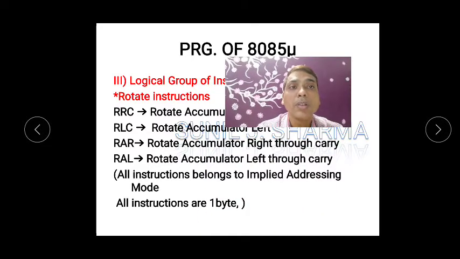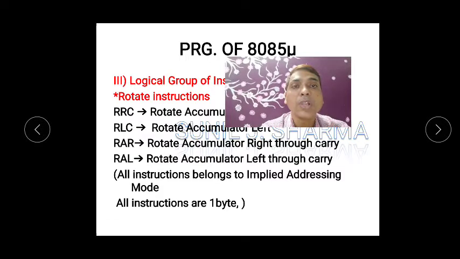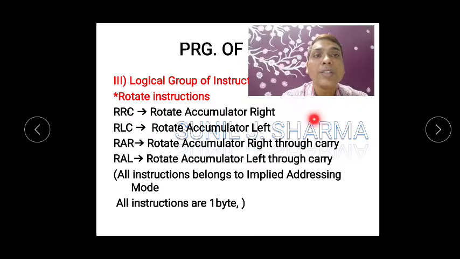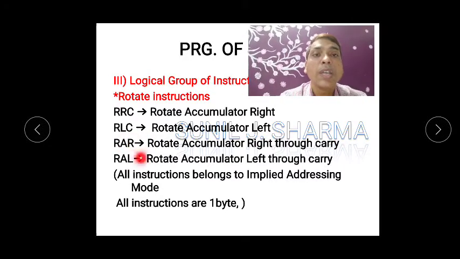In vivas they can ask you what is RRC, and most students make a mistake: wherever C comes, they feel that carry is there, but it is not like that. Here you can see we don't have C, but still carry is used. RAL, rotate accumulator left through carry.